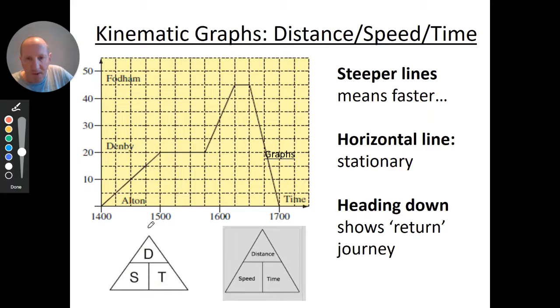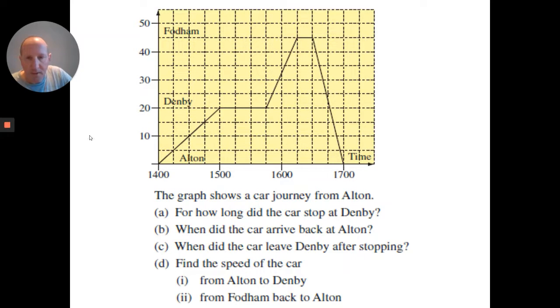And that's why effectively the speed is a gradient, because I'm doing the change in y, the change in the distance, divided by the change in x, the time. So it goes back to those ideas of linear graphs we were looking at. Here we've got the actual question, so I'll take you through some of the ideas here.